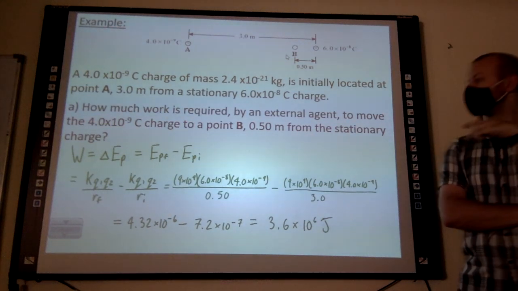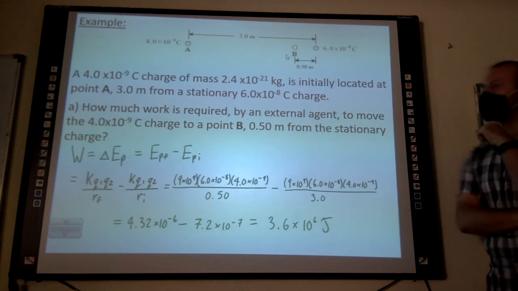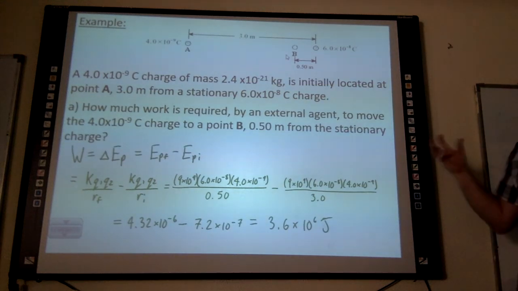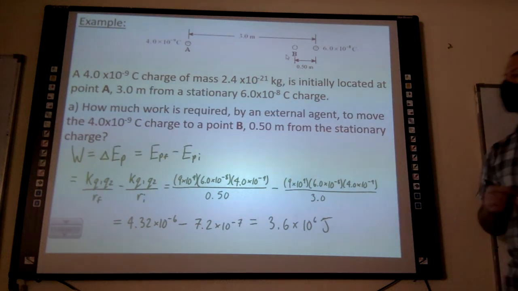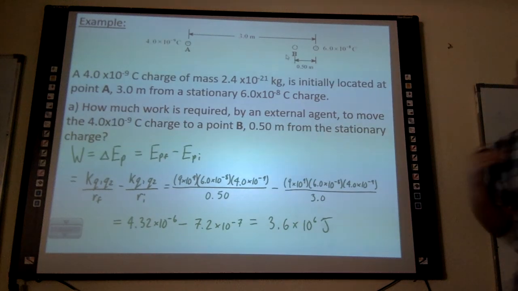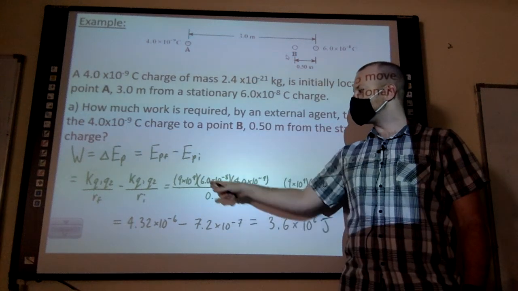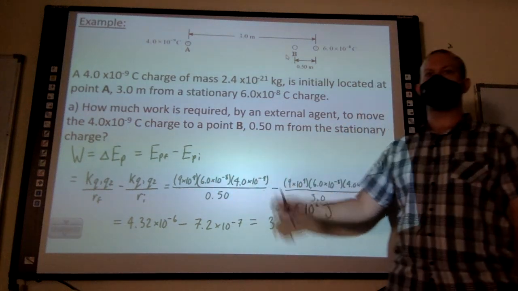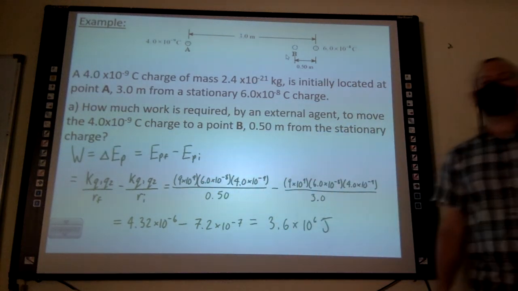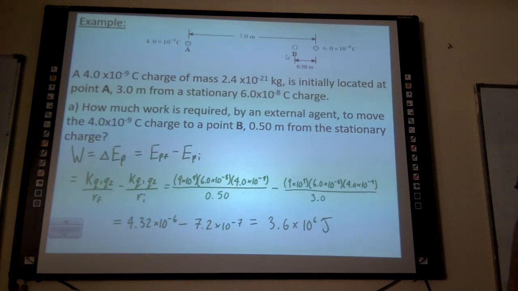Because if you had two negatives and you're trying to push those two things together, you're still doing work. And that would show up in the equation because this is a scalar, so we'd have a negative times a negative. The only time we have negative work is if there's a positive and a negative. Yep, that's right. So this is the amount of work. This is the change in potential energy that we have.